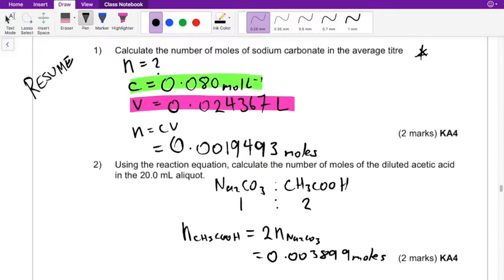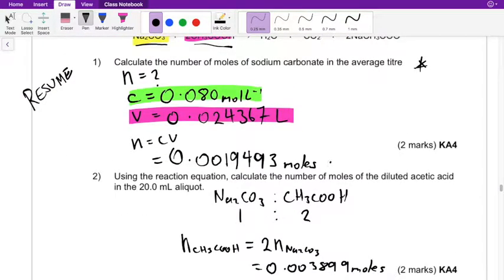Therefore, our final answer is to 2 significant figures. So that's going to be 0.0019. We don't round that 9 up to 2.0 or 20, because 19 is closer to 19 than it is to 20 in this case.